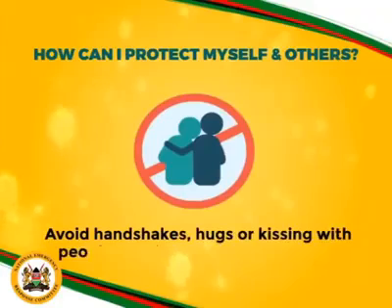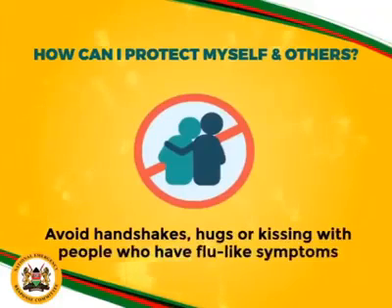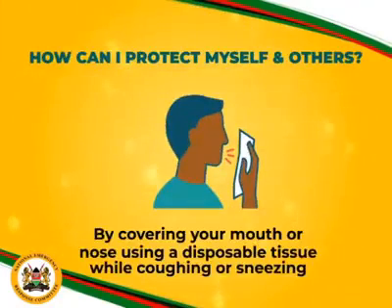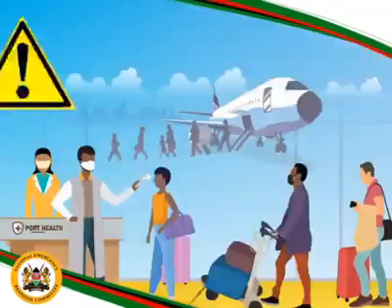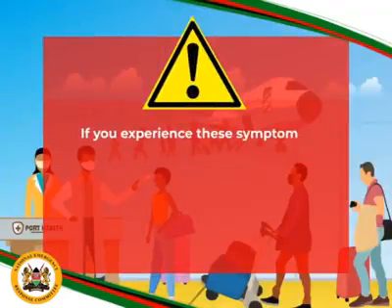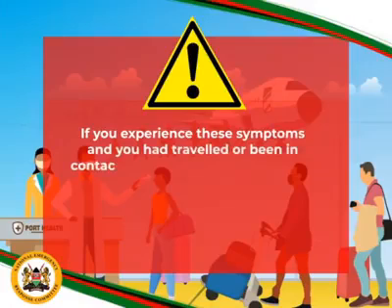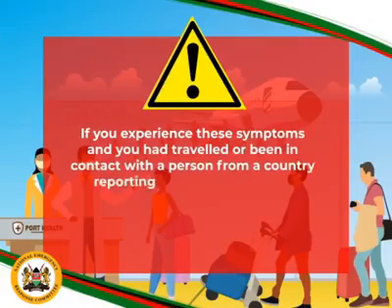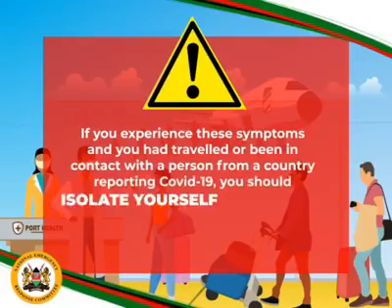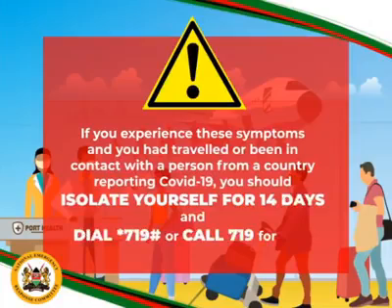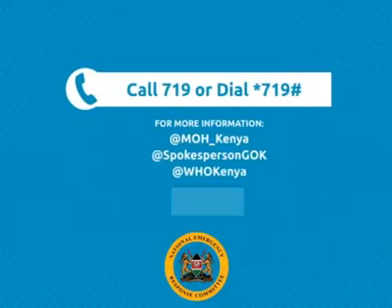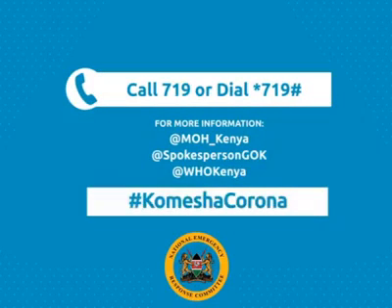Avoid handshake, hugs, and kissing. Also, protect yourself by covering your mouth or nose using a disposable tissue while coughing or sneezing. If you experience these symptoms and you had traveled or been in contact with a person from a country reporting COVID-19, you should isolate yourself for 14 days. Dial *719# or call 719. This message has been brought to you by the Government of Kenya and its partners.